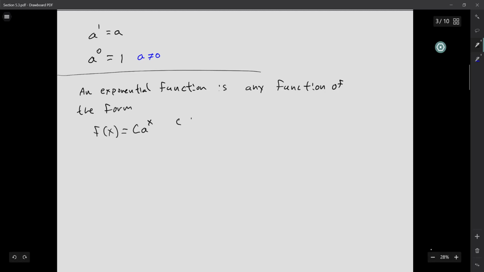So here c is a constant, a is the base of the exponential expression, and x is the variable exponent.